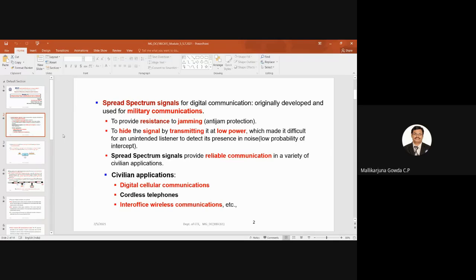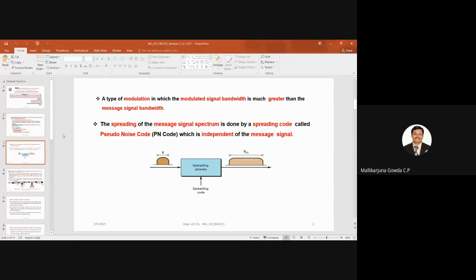Let us try to understand what spread spectrum signals are. In spread spectrum communication, the bandwidth of the modulated signal will be much greater than the message signal bandwidth.